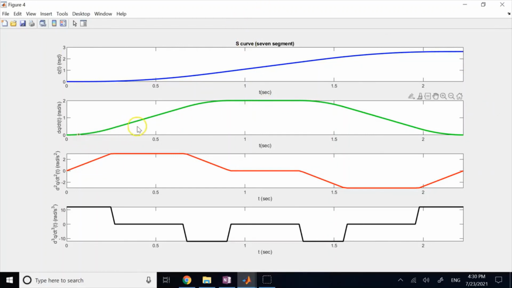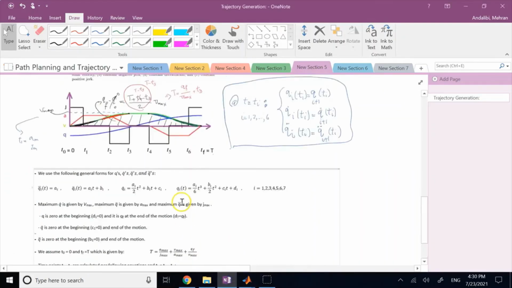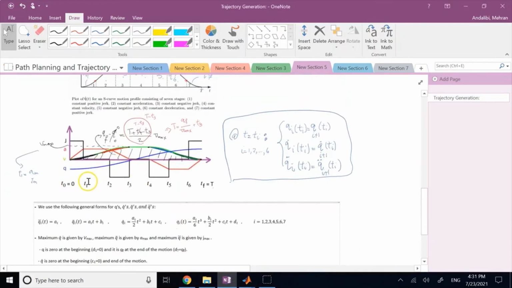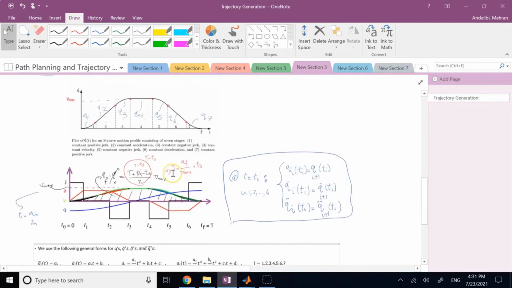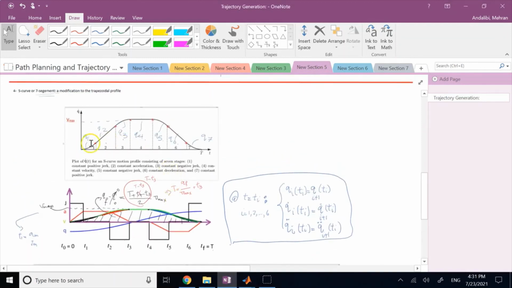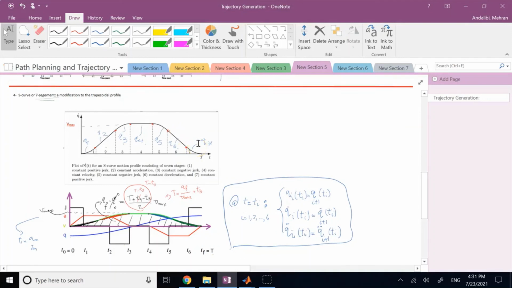Again, we call this S-curve because of the shape of the velocity, or we call it 7 segment because it has 7 parts going from T0 to T1 all the way to T6 to T7. There are 7 parts of the motion. Okay, so this is a good choice for robotics applications, right?